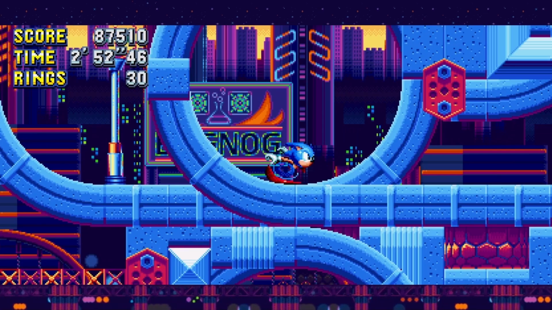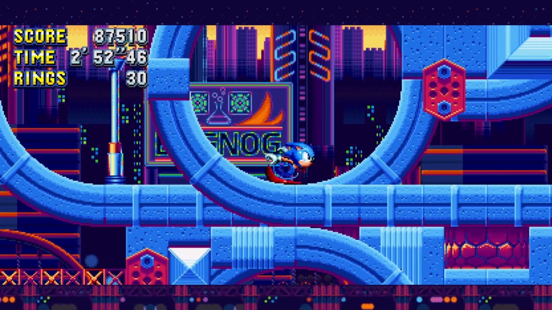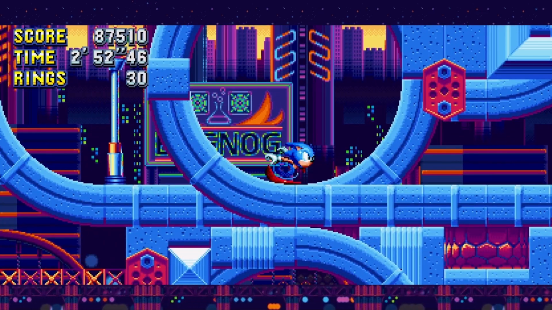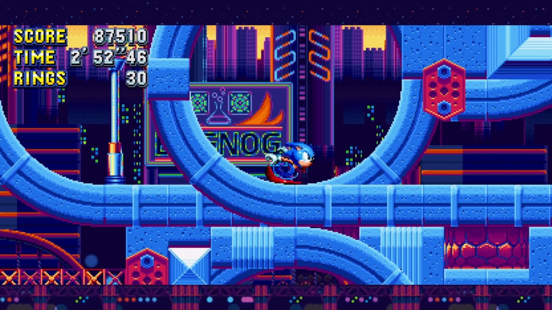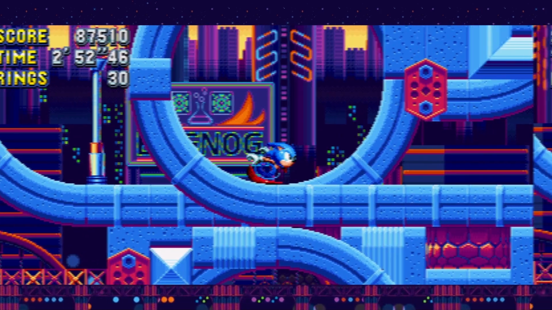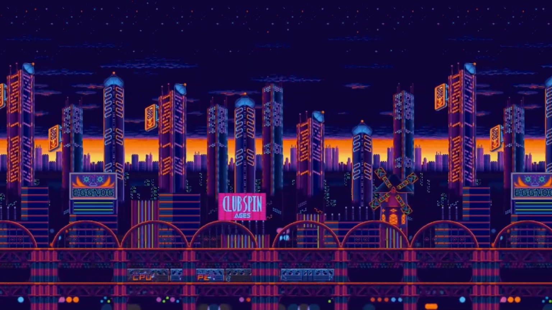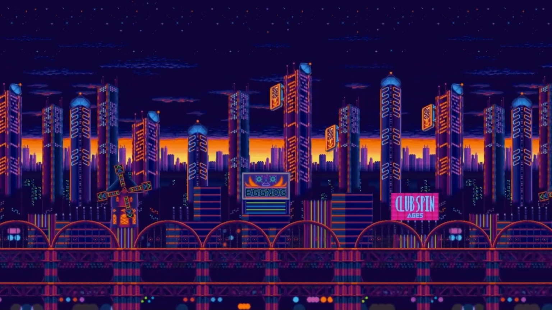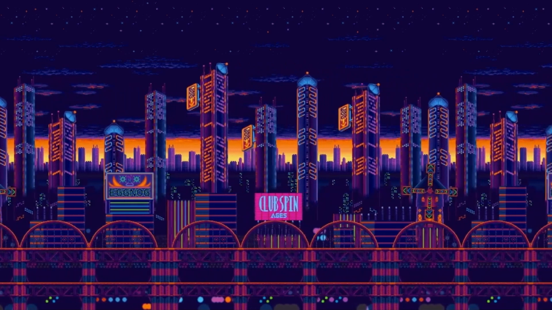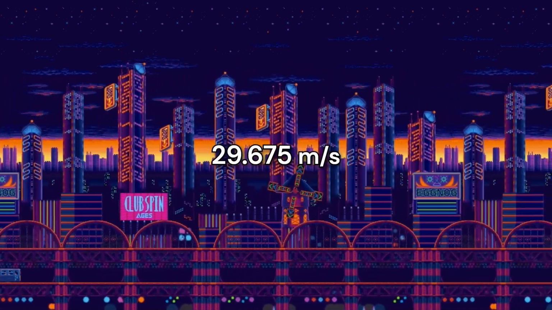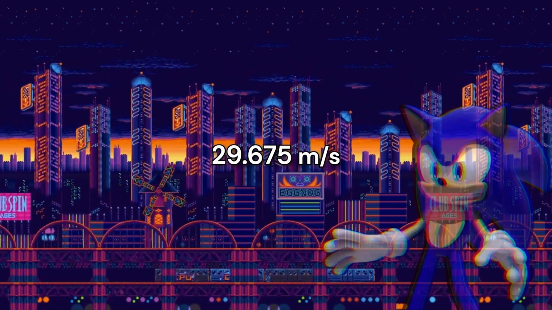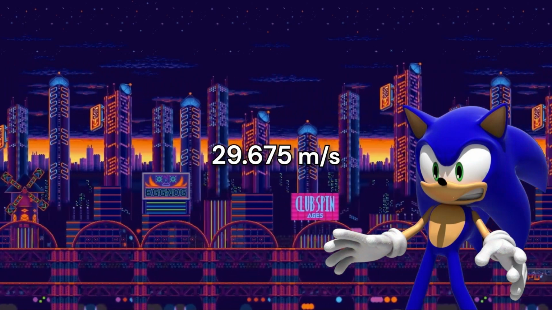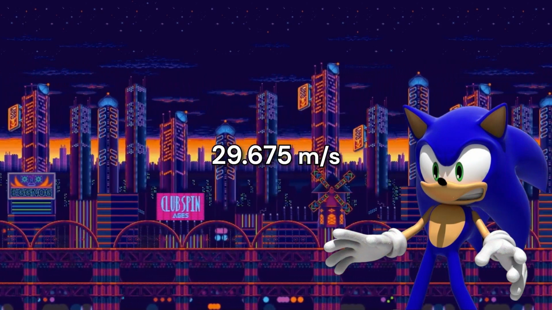By pausing at just the right times, it was determined that Sonic was able to travel 11.87 meters in just 0.4 seconds. And so, by dividing 11.87 by 0.4 seconds, we get a velocity of 29.675 meters per second. Holy moly, that's fast.